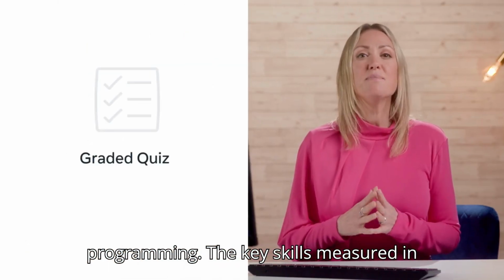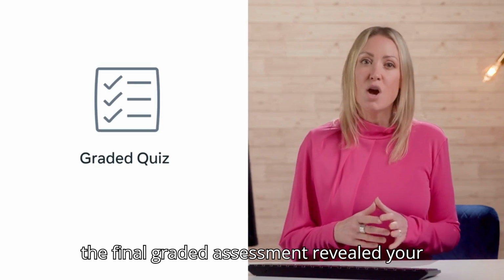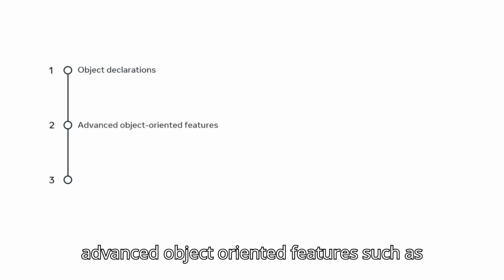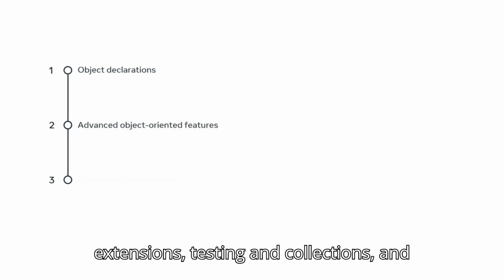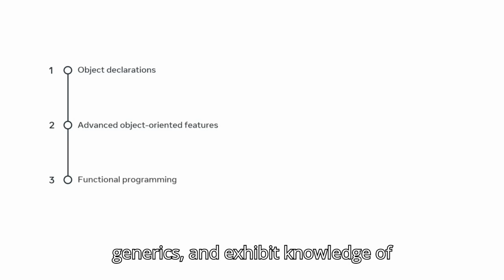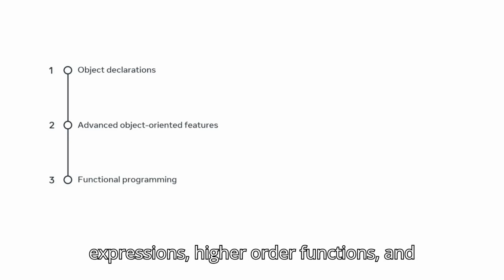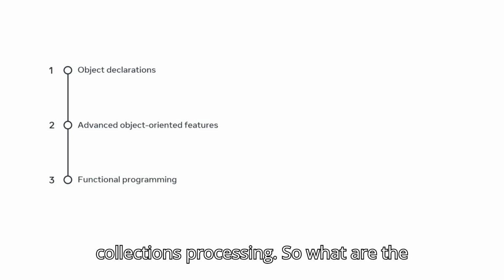The key skills measured in the final graded assessment revealed your ability to demonstrate knowledge of object declarations in Kotlin, utilize advanced object-oriented features such as extensions, testing and collections, and generics, and exhibit knowledge of functional programming such as lambda expressions, higher order functions, and collections processing.